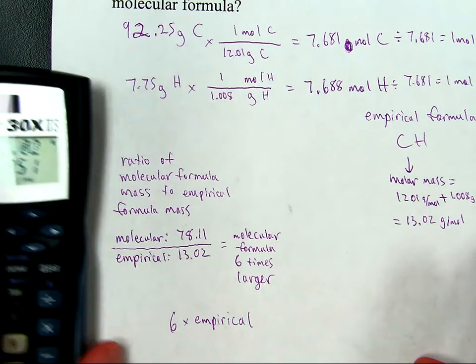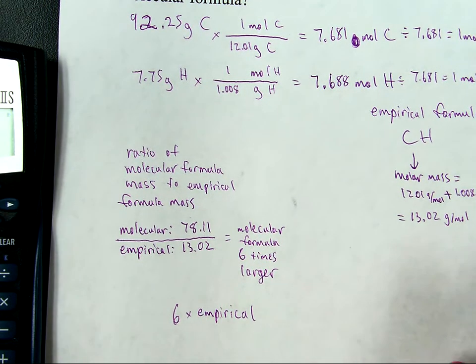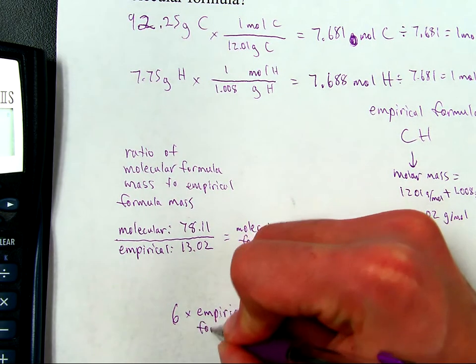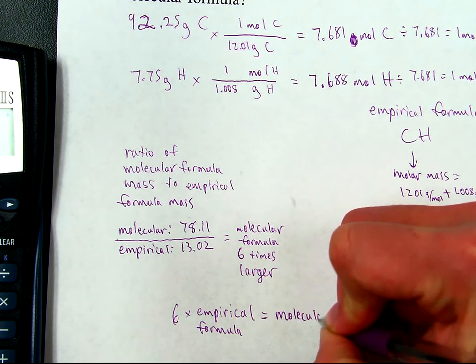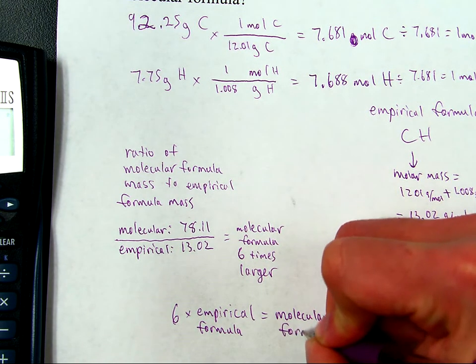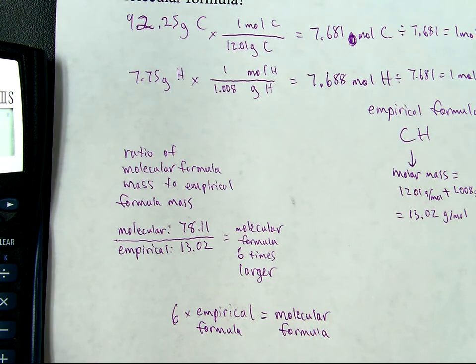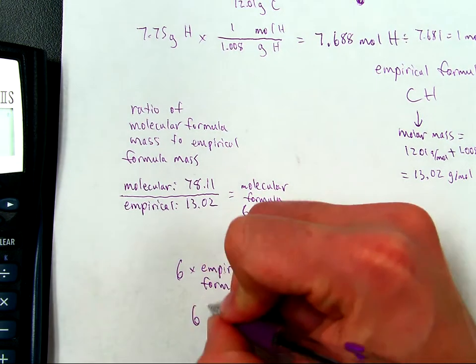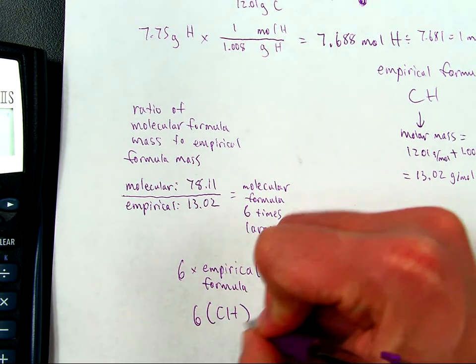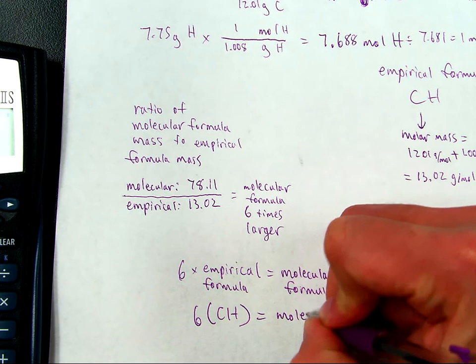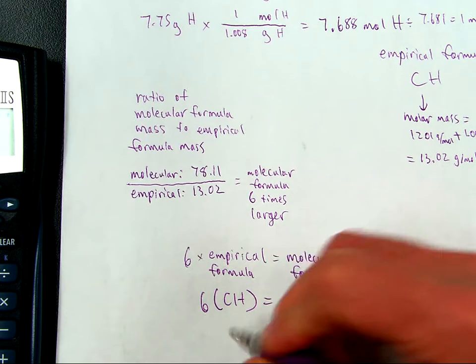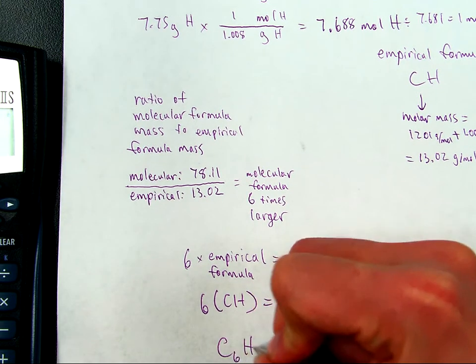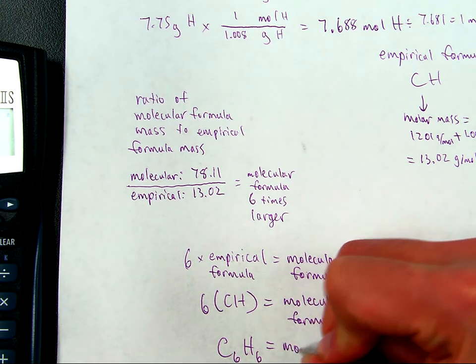Now you can see it. So that's 6 times the empirical formula equals the molecular formula. That would be C6H6 as the molecular formula.